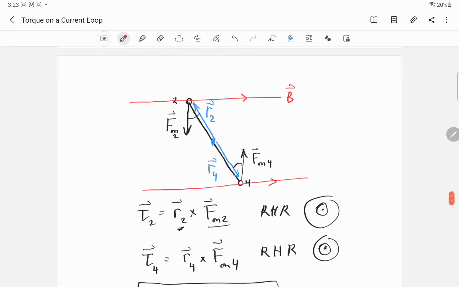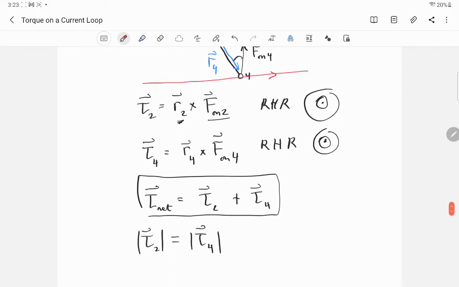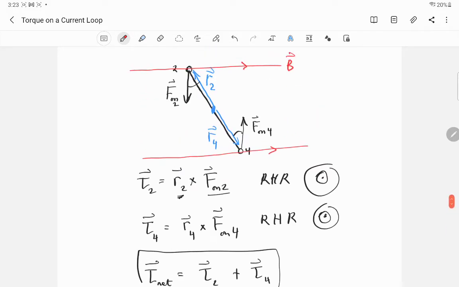Let's think for a second about something interesting. If I wanted to calculate the torque number 2, let's concentrate on torque number 2 for a second. The torque number 2 is because of R2 and the force on segment 2. And that's going to include an angle. Let's call this angle alpha.